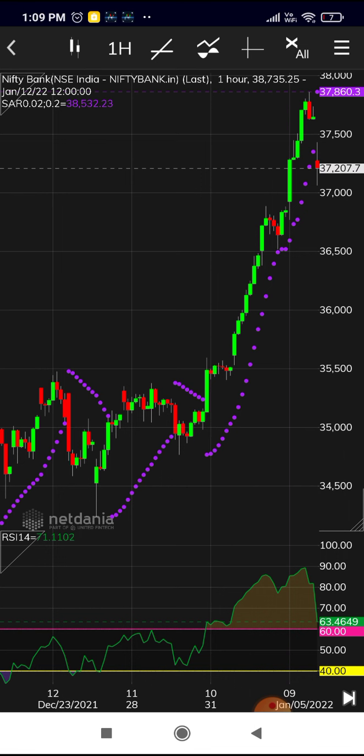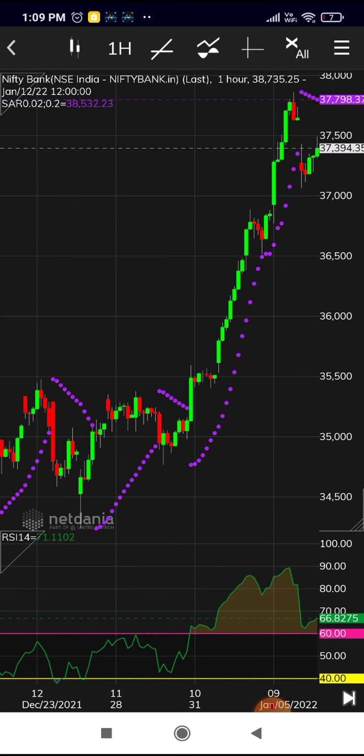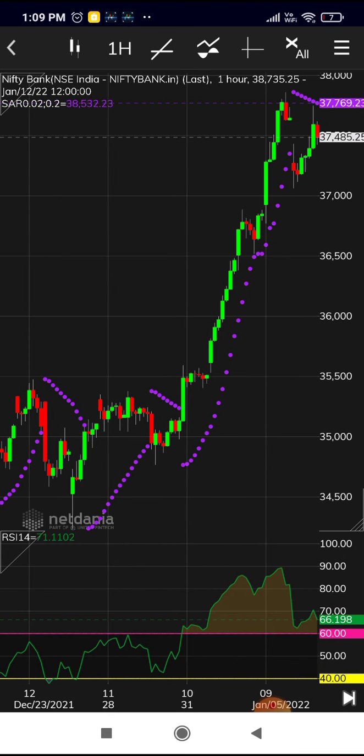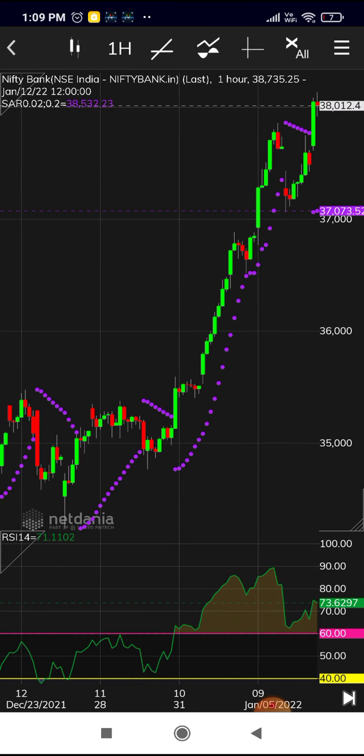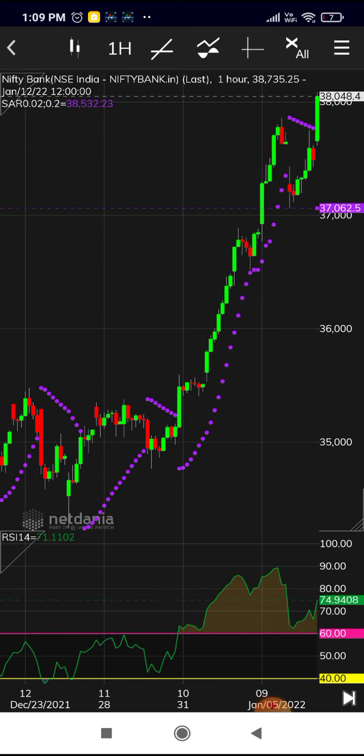Now if you scroll further, you'll find that the dot value is still above, and in this particular candle, the dot has gone below the candle.